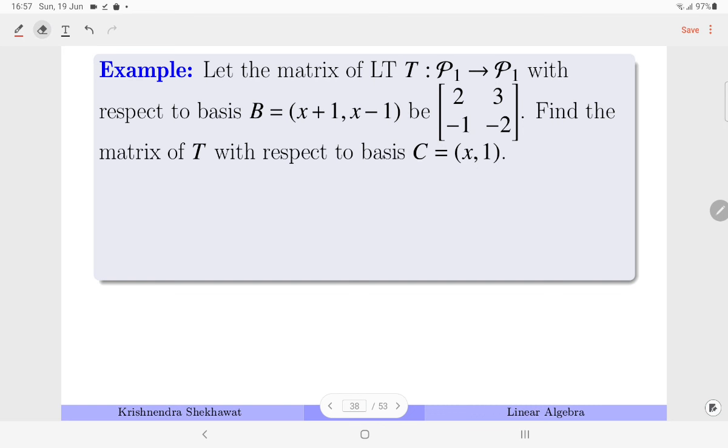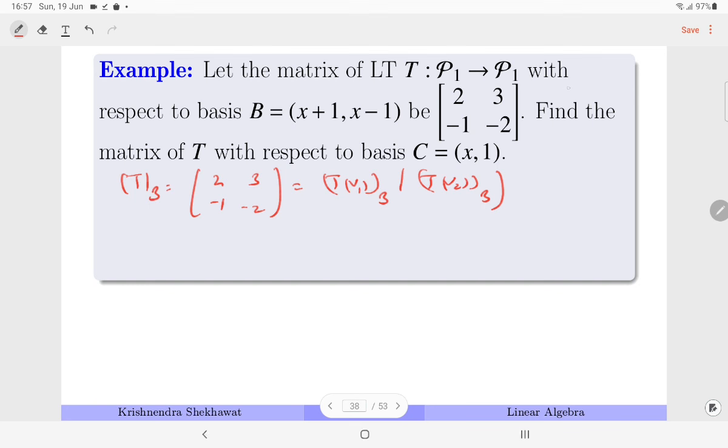Now what is given? I have been given the matrix T_B, which is [2, -1; 3, -2]. Now recall that the first column is T of V1 with respect to B, because here B is equal to B dash, and the second column is T of V2 with respect to B. So here the coordinates are given and the basis vectors are given.